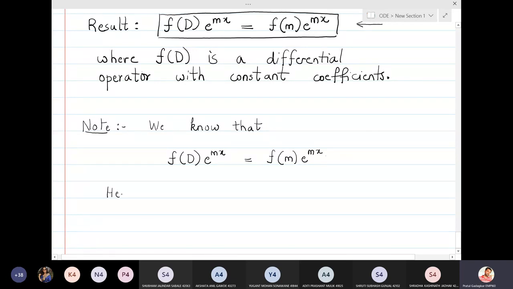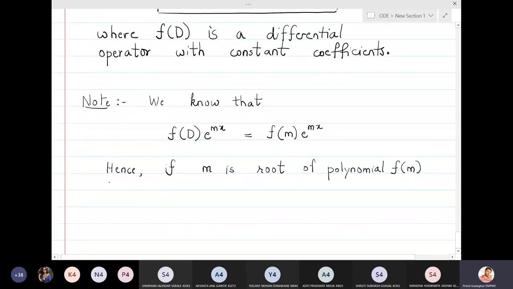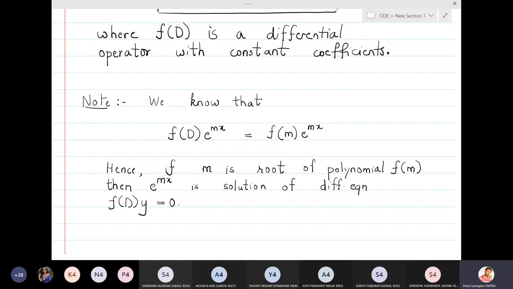Hence, if m is a root of the polynomial f(m), then e raised to mx is a solution of the differential equation f(D) y equal to 0. Now what is the meaning of this note?